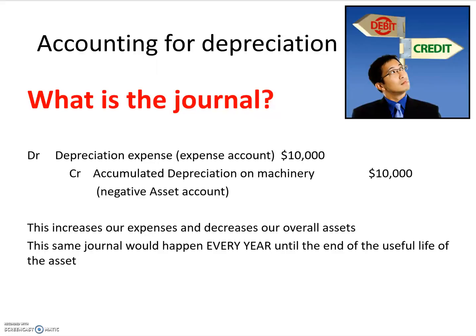We're not going to know for sure how much that asset's gone down until we actually sell it, but we still need to account for the reduction in value. So we put it into what's called accumulated depreciation on machinery. And that sits as a negative asset account directly under the actual asset in the balance sheet. So as I said, this increases our expenses, it decreases our overall assets, and you would do that same journal every year until the useful life is over.